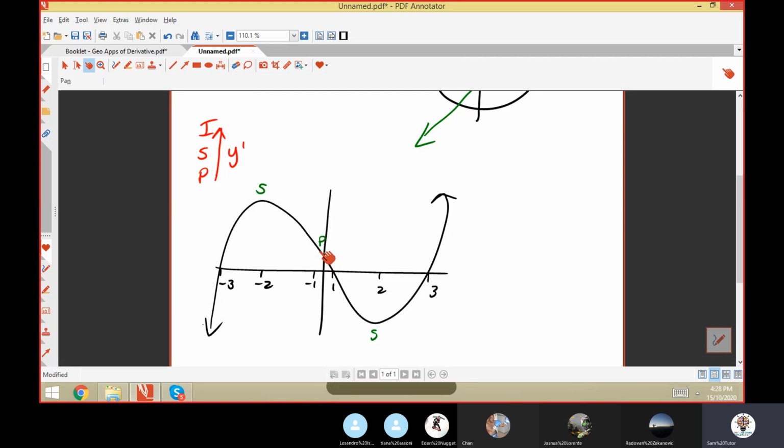Correct. So that is your point of inflection. Anyone at home not understand that? No, we're good.